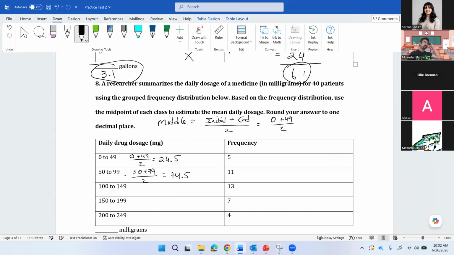And you might recognize a pattern saying like, oh, I'm just adding 24 and a half to each of the beginning numbers. So if you recognize that, by all means, go for it and just say, well, this number I expect it to be what? 124.5. What do I expect the next one? 174.5. Next one, 224.5.